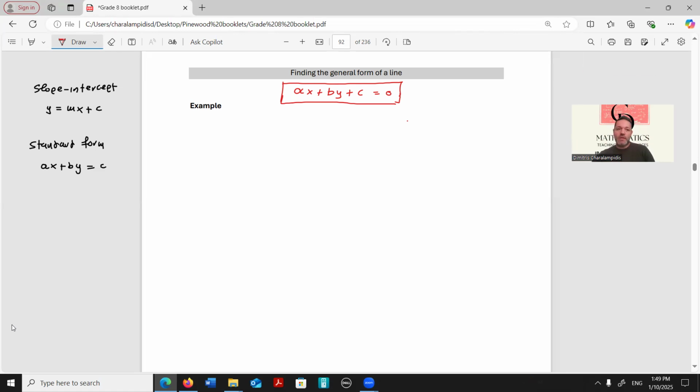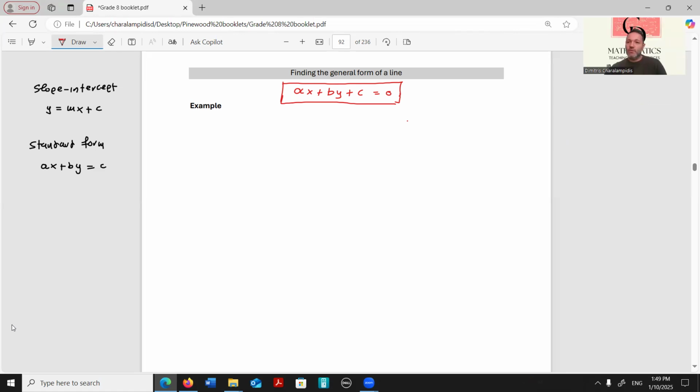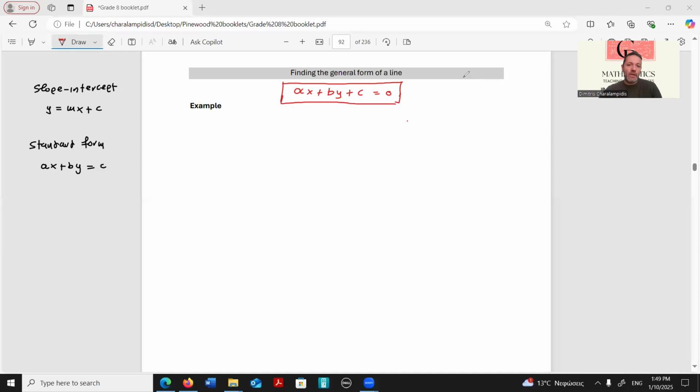This gives us the opportunity to discuss how we can actually calculate the general form of a line. Again, you should know that to find a line, as always, I either need 2 points or 1 point plus the slope.